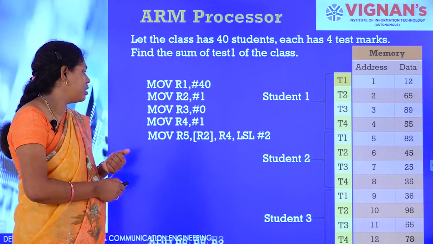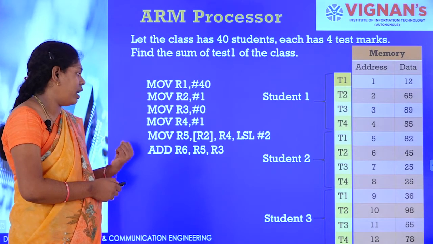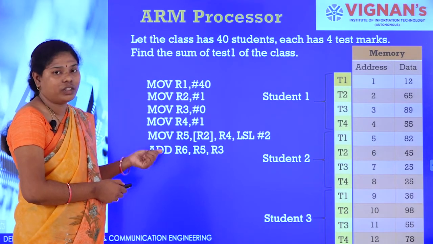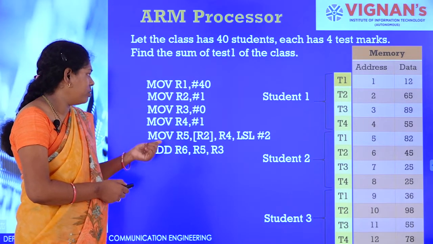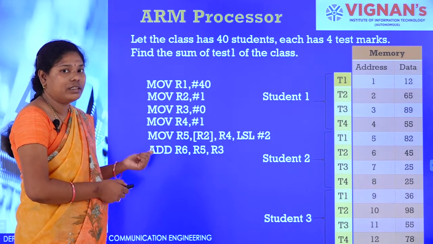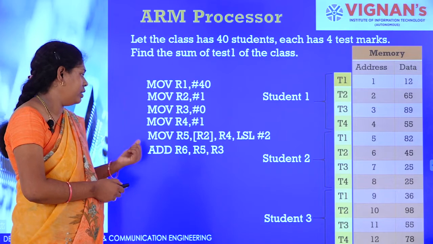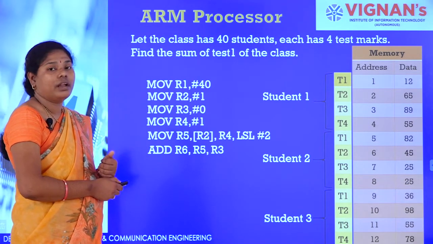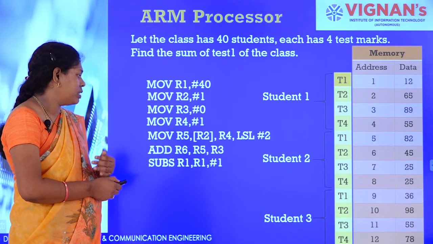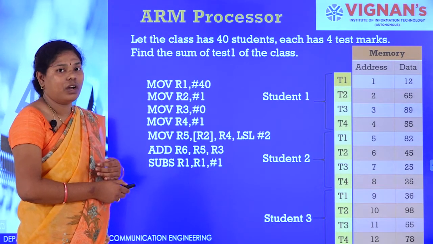Let us see. First we have to add, the data is available in R5 and R3 we are using for sum to accumulate. Initially we are taking the data 0 and these two will be added and the sum will be provided to R6. Next, subtract R1 comma 1.